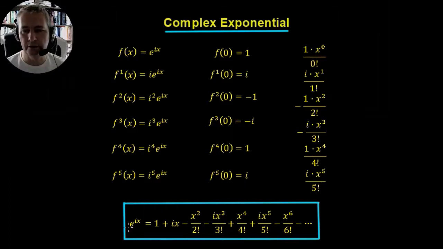So therefore we can write e to the ix as a Taylor series approximation of 1 plus ix minus x squared upon 2 factorial minus i x cubed upon 3 factorial, and so on. So now we're going to take this e to the ix, and we're also going to look at the cos x and the sin x, and compare them.